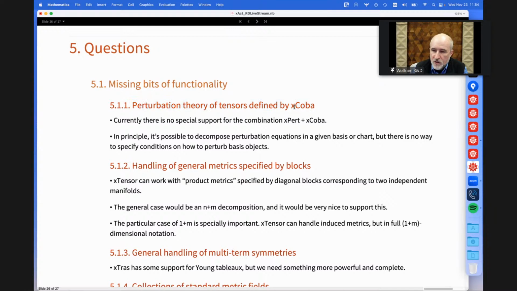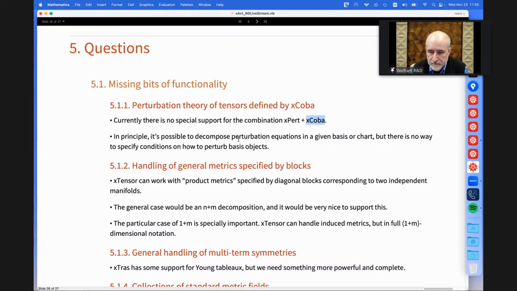So I've shown how to do perturbations of things like Riemann or Ricci. But what happens if I have actual component tensors? Well, that's not there yet. There is no special support for the combination of xPert and xCoba. And I realize this should be added eventually. Of course, once you have the equations that you have obtained via perturbation methods, you can always expand them in a given basis.